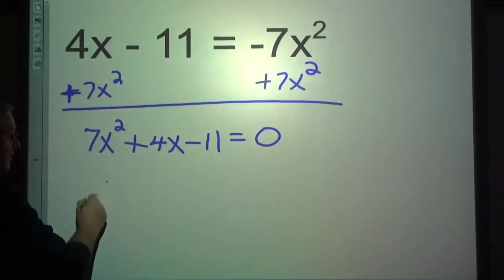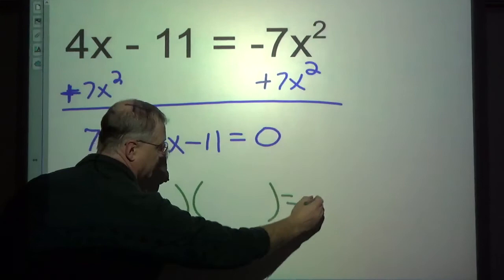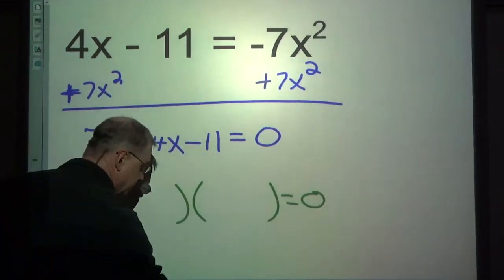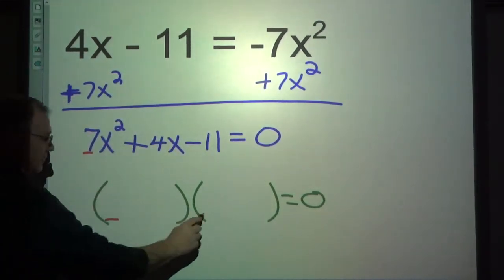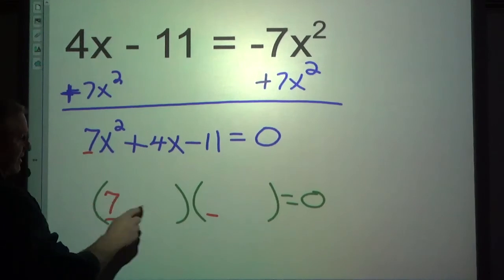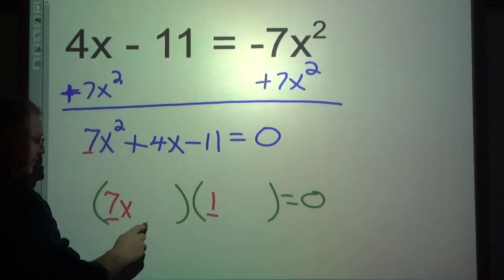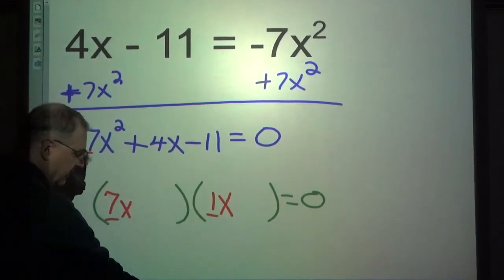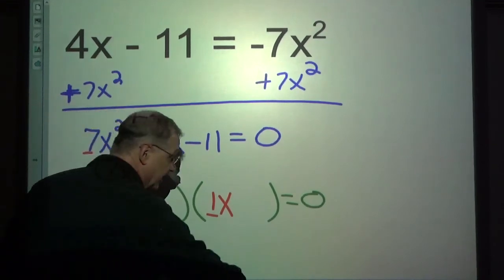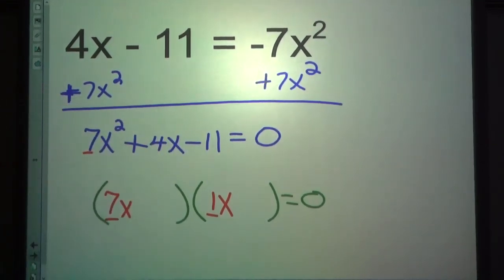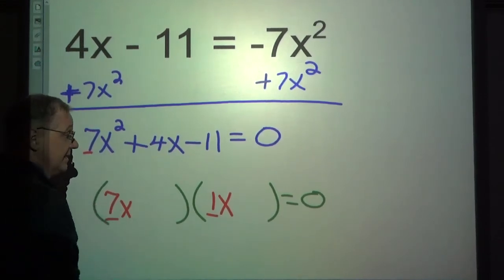I'm going to factor this into 2 parentheses. And a pair of numbers to multiply to 7. Only one option, 7 and 1. X and x. I'm going to have a positive and a negative. I'm actually going to hold off on filling that in so I can figure out where the 11 goes first, and then I'll put my signs in at the end.